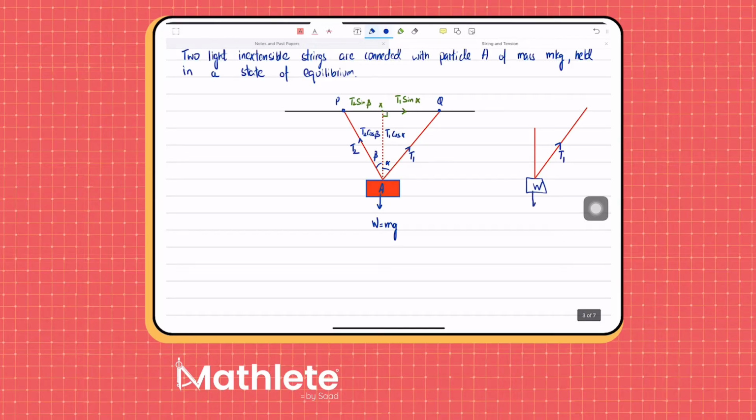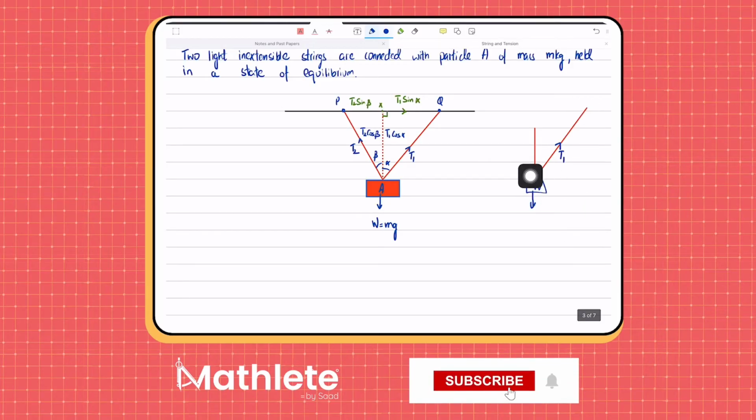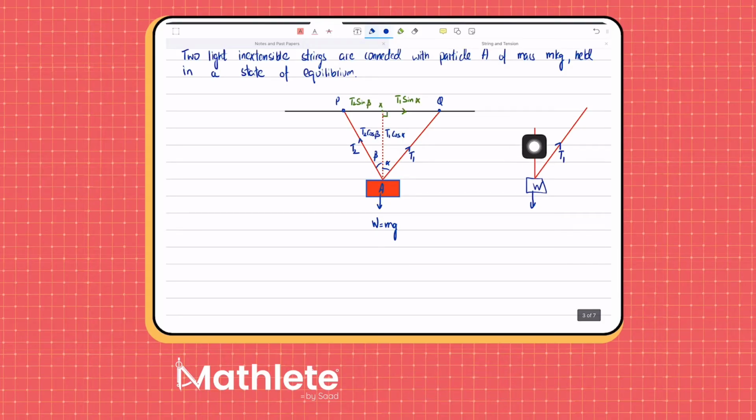So the weight is acting downwards, and the tension is acting away from the object. Now where do you think the force on the imaginary line that I have drawn must be acting, upwards or downwards? Upwards, that's correct. Now using the head to tail rule, if I join these two points, where must the force be acting on this line, rightwards or leftwards? Is it possible that the force is acting leftwards?